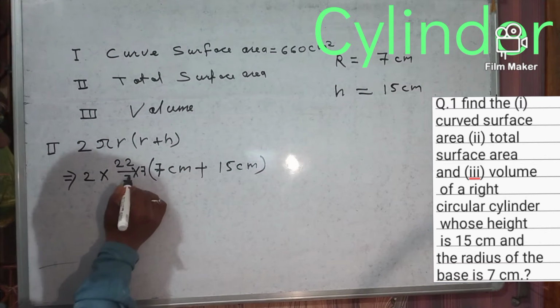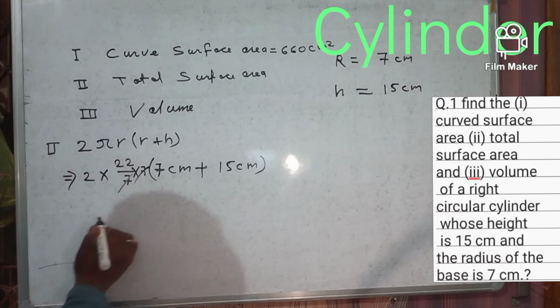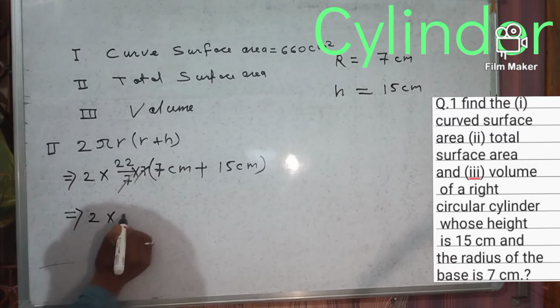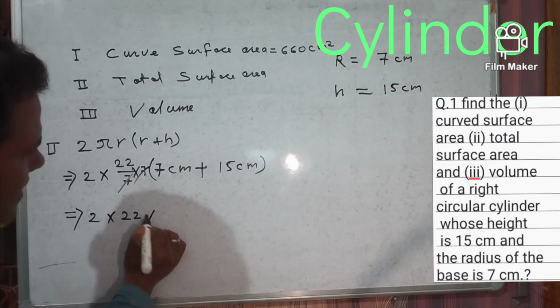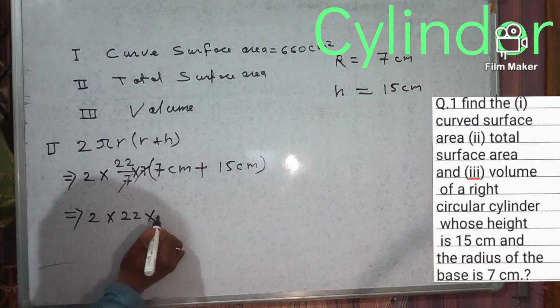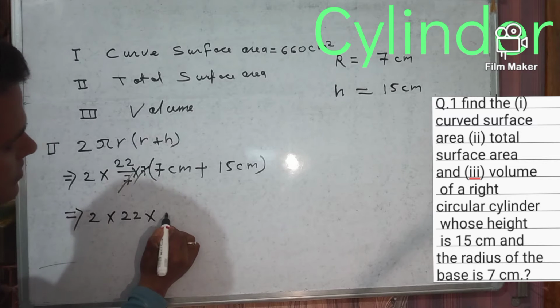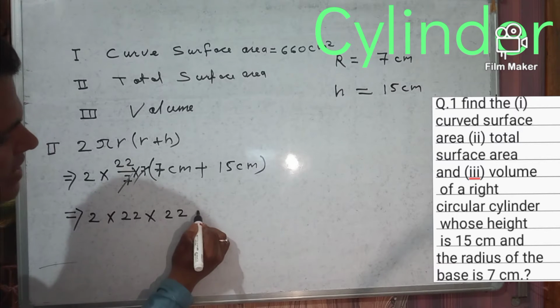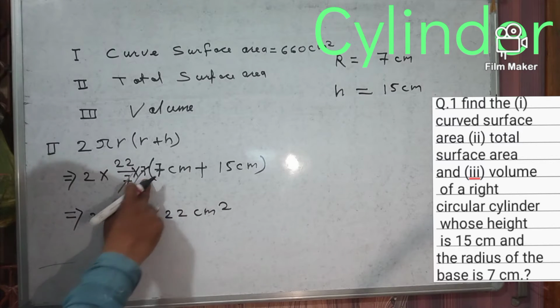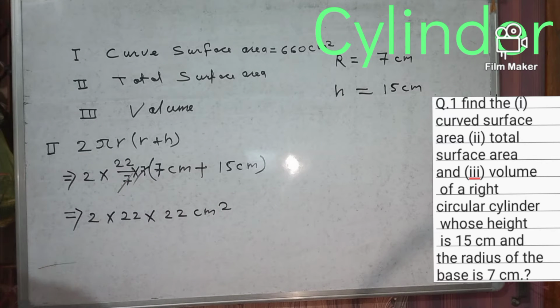Now see here, 7 and 7 cancel. Okay. So 2 into 22 into 15 plus 7 will be 22 centimeter square, because centimeter into centimeter will be centimeter square.